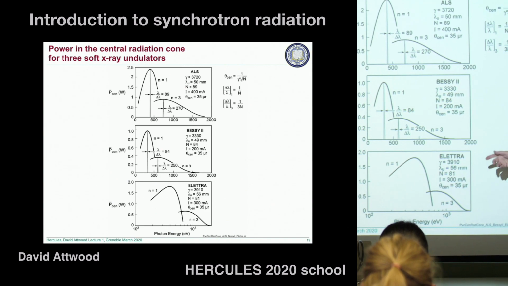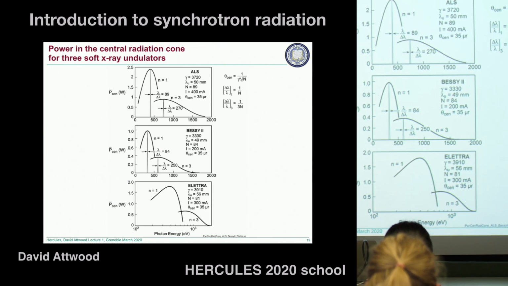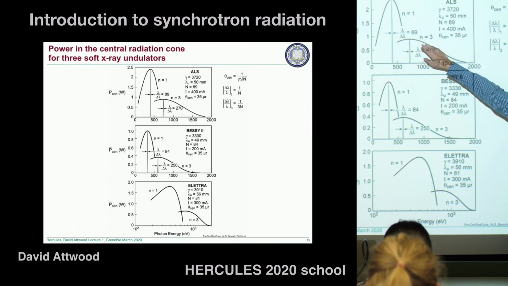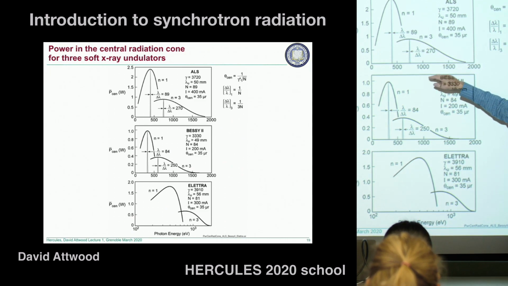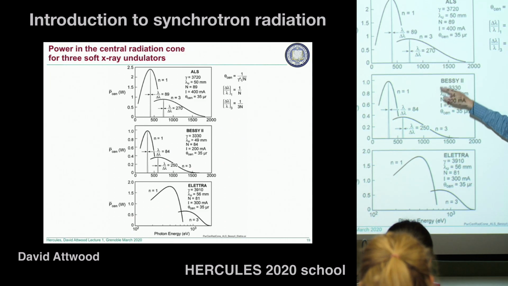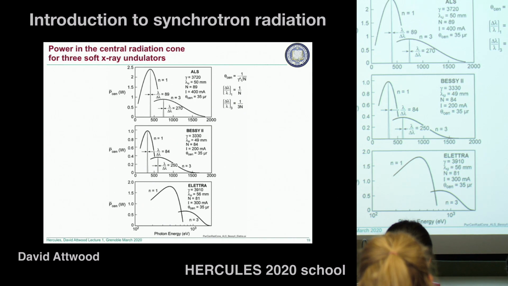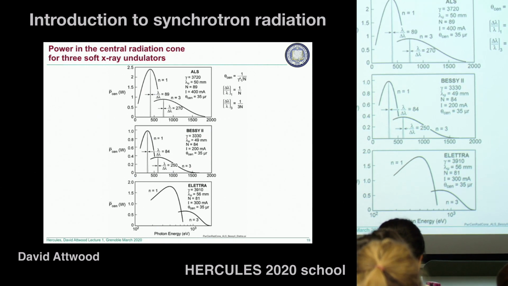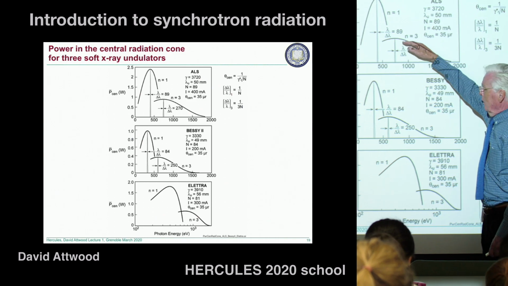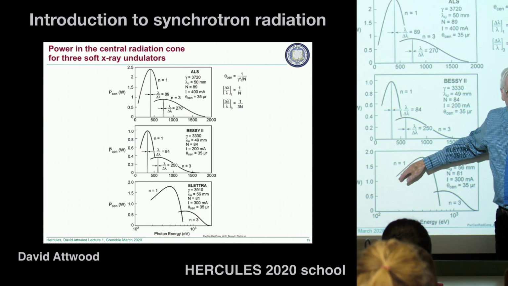Okay, and the next slide is going to be some hard X-ray machines. This is the third harmonic. So with the third harmonics, you can go out further. So people use the harmonics. I'll show you an example at some point of using harmonics to get to higher photon energies. Okay, and typically these are of order a watt for the soft X-ray machine.